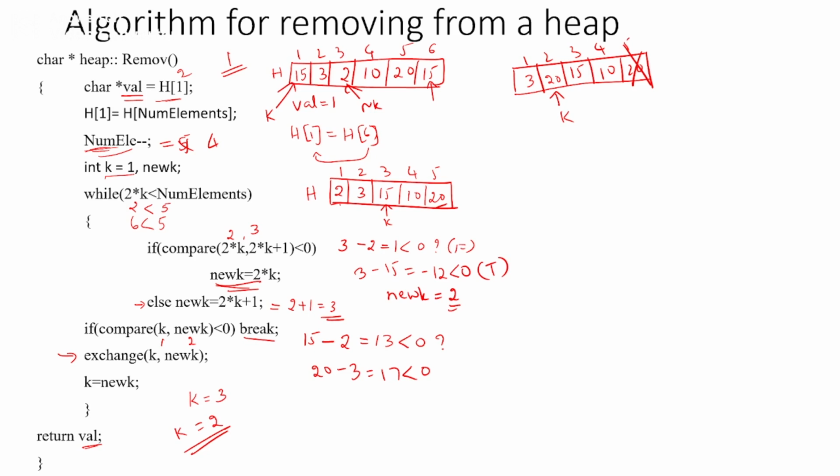What is 2k? 2 into 2, that is 4. Whether 4 is less than 4? No. Comparison is false. So you need to return the value. What value are you going to return? You are going to return the value whichever you have stored here, that is 2. So 2 will be written back, that is in the file.